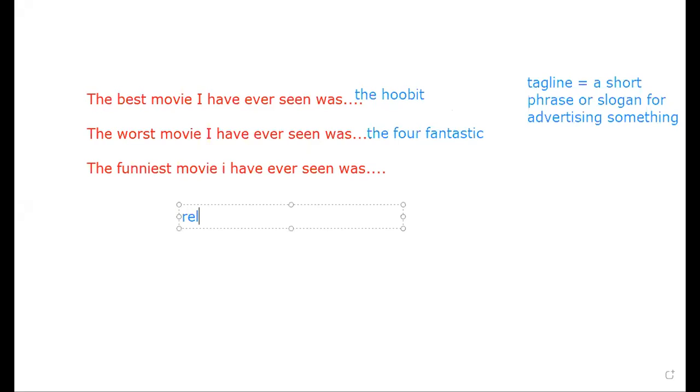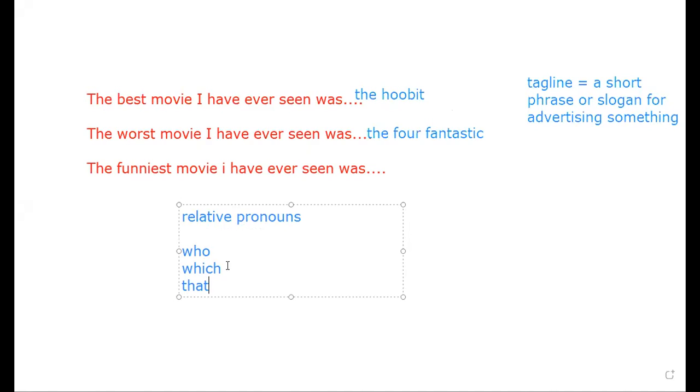We are talking about relative pronouns. Which ones are relative pronouns? Who, which, and that. Okay, who, which, and that, relative pronouns.